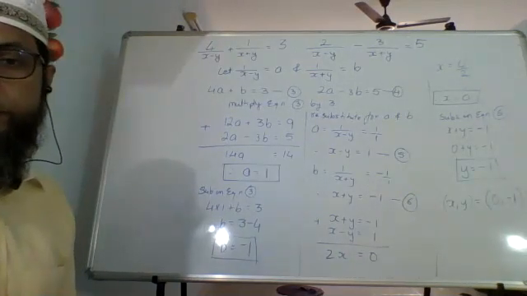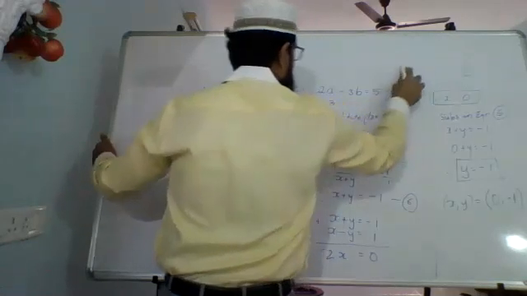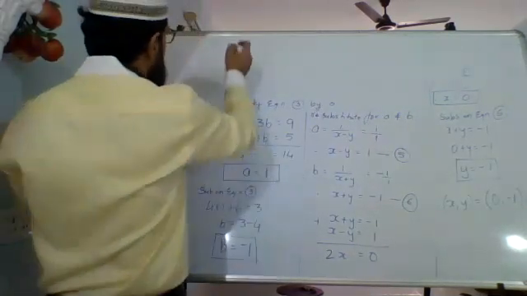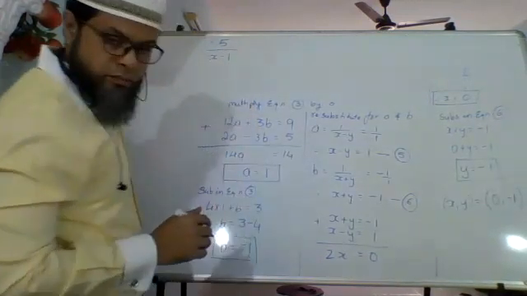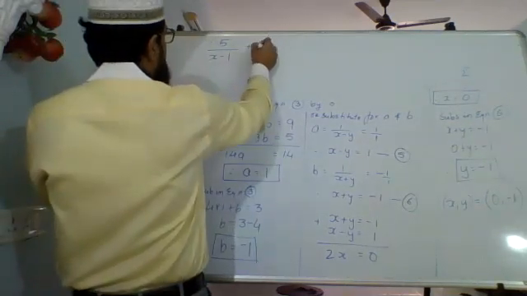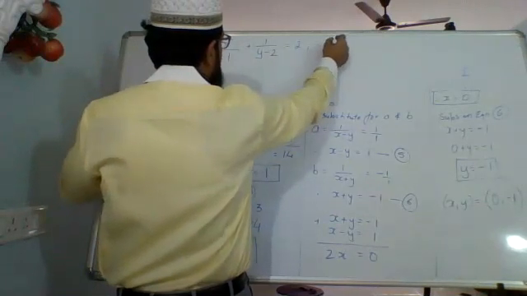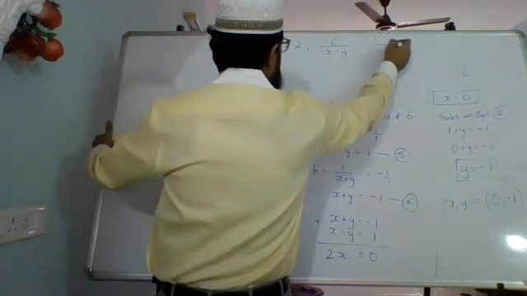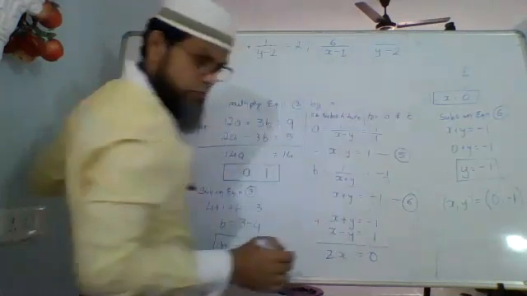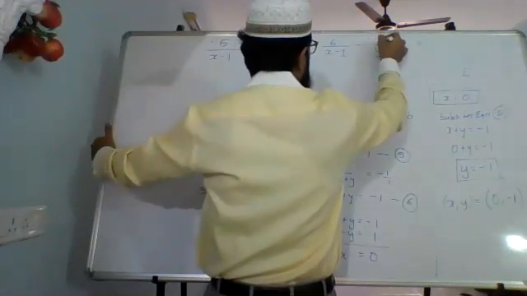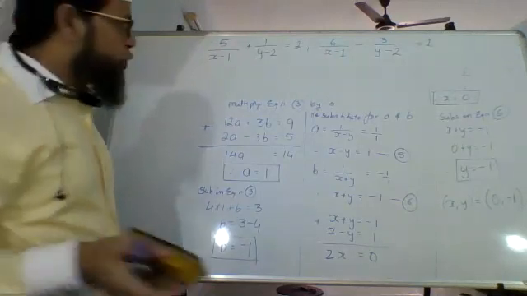So let's look at the next one. 5 upon x minus 1 plus 1 upon y minus 2 equals 2.